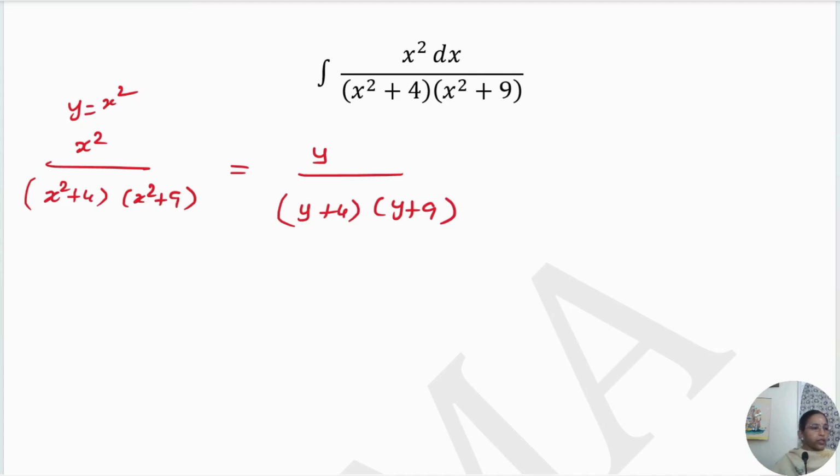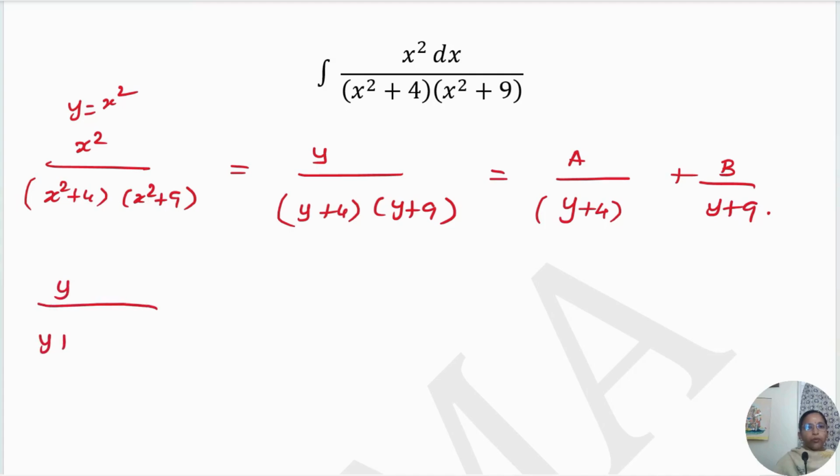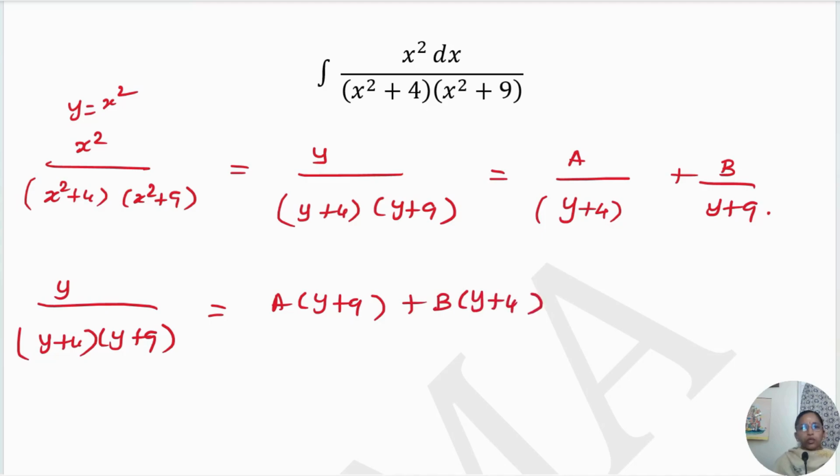Now this can be written using the partial fraction expansion procedure as a divided by y plus 4 plus b divided by y plus 9. So now y divided by y plus 4 into y plus 9 is a times y plus 9 plus b times y plus 4 divided by y plus 4 times y plus 9.